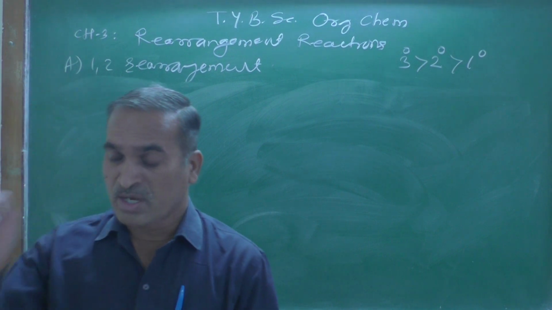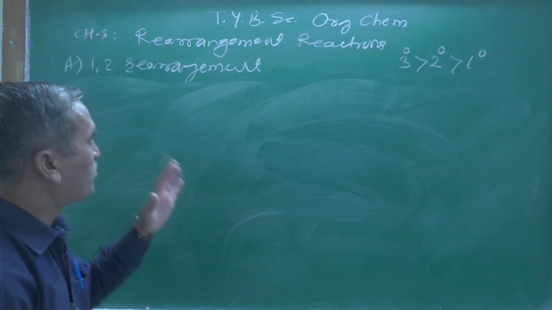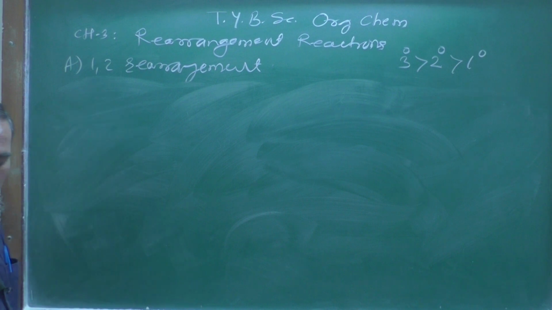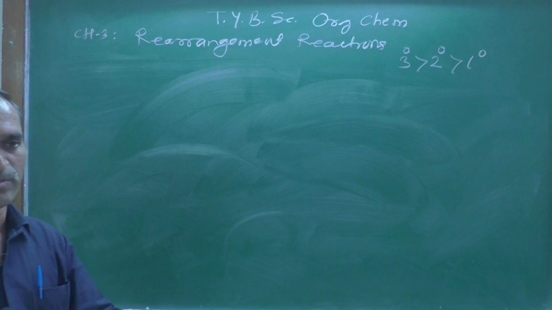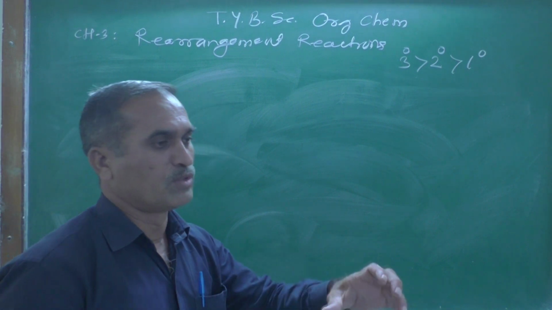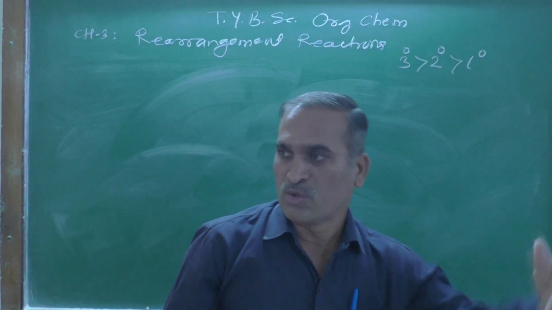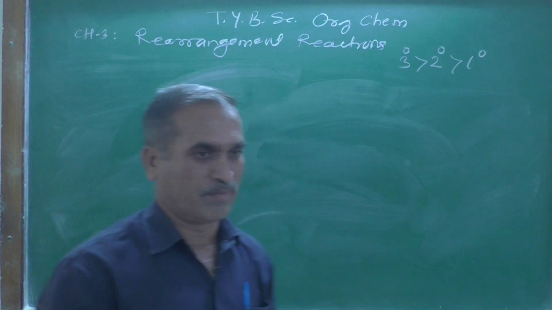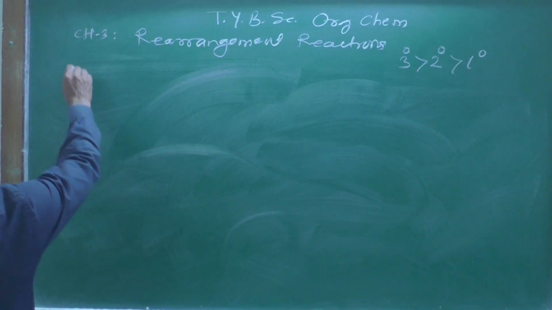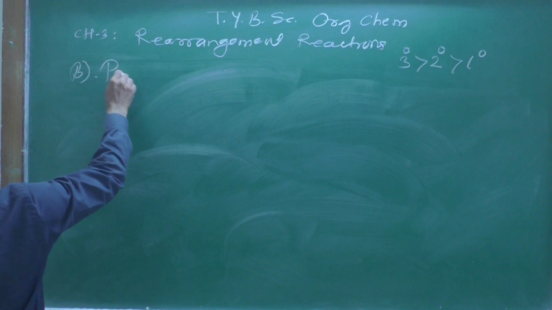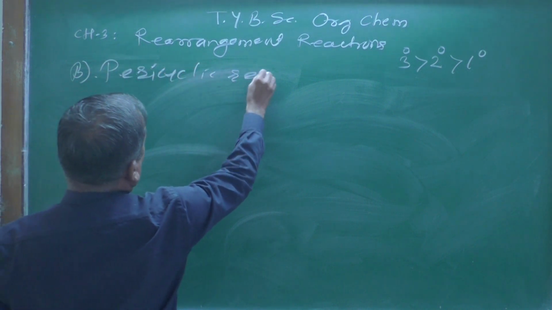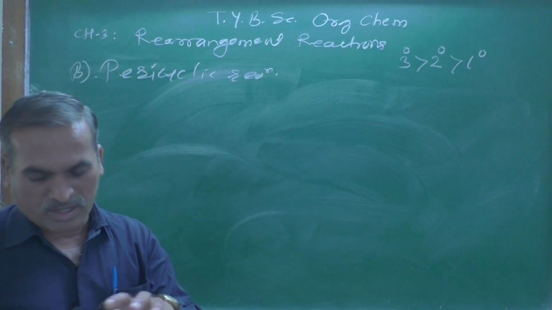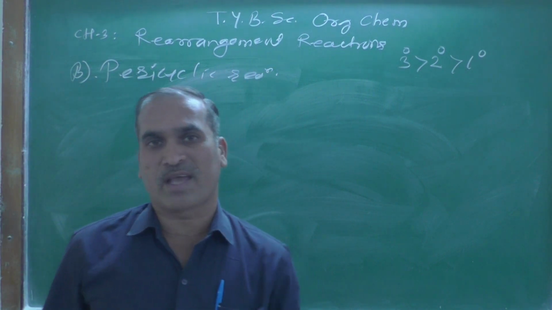Which reaction are we talking about? The second type of rearrangement reaction is the pericyclic reaction. So for 1,2 rearrangement reactions, we have seen a few examples of how the 1,2 relative R substituent is changing. The second one is the pericyclic reaction, which we are going to discuss here. What do we mean by a pericyclic reaction?